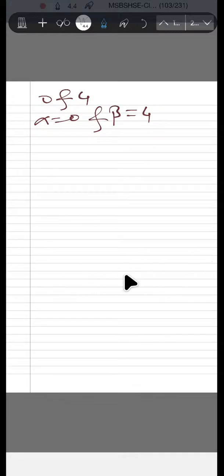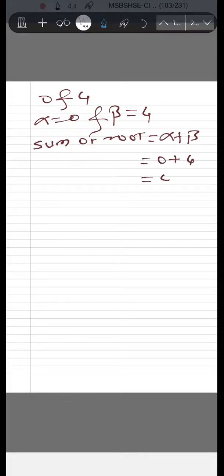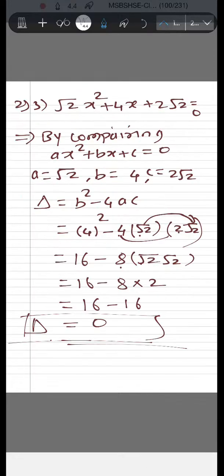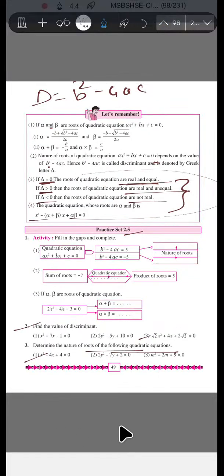See, sum of roots, which is alpha plus beta, is equal to 0 plus 4, which is equal to 4. Then product of roots is equal to 0 into 4, which is equal to 0. See student, last lecture I have already explained that formula, which is also given here.